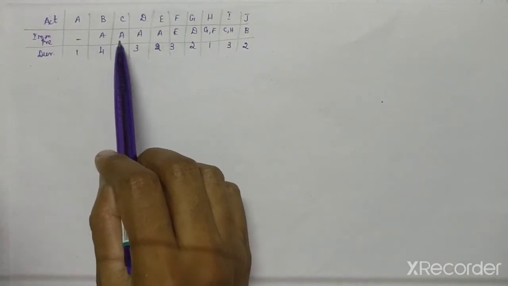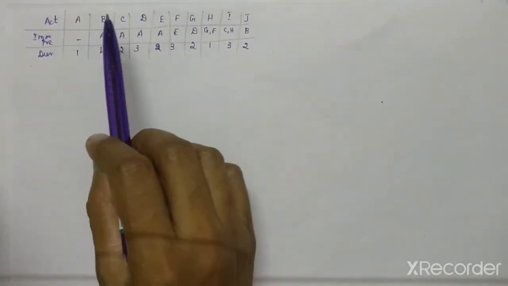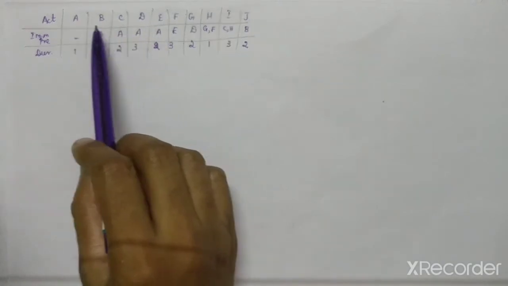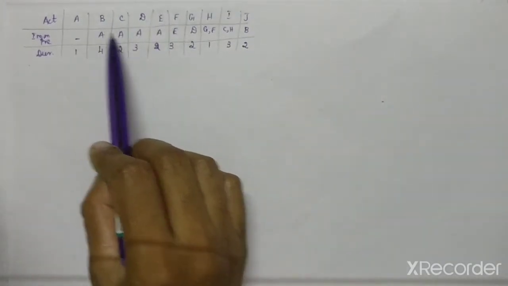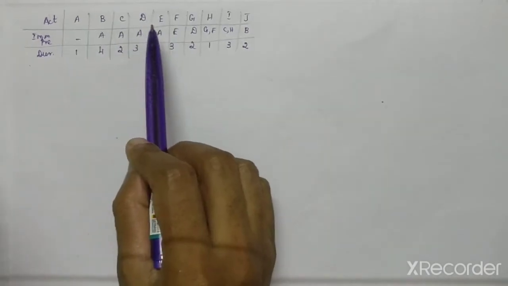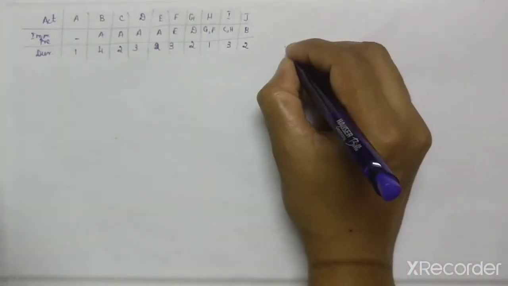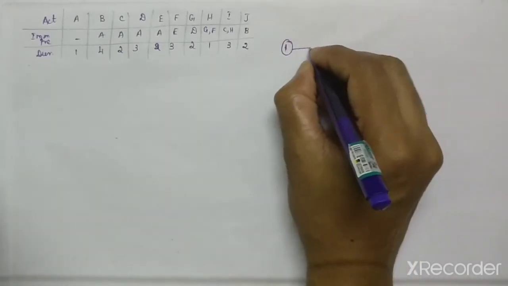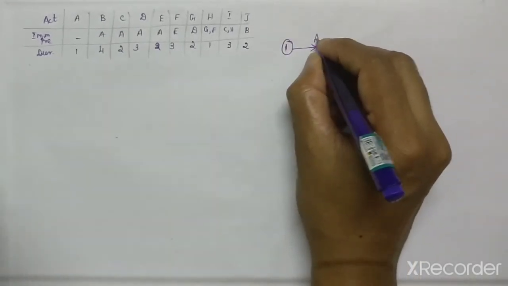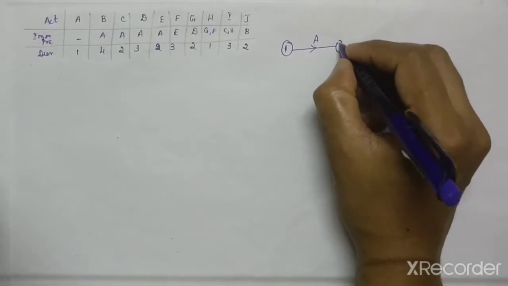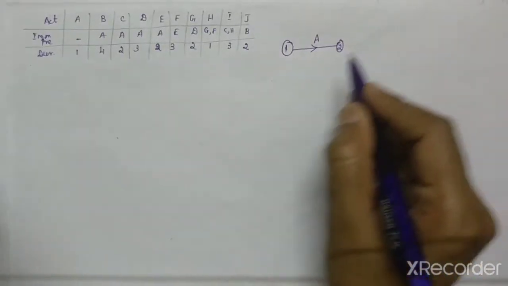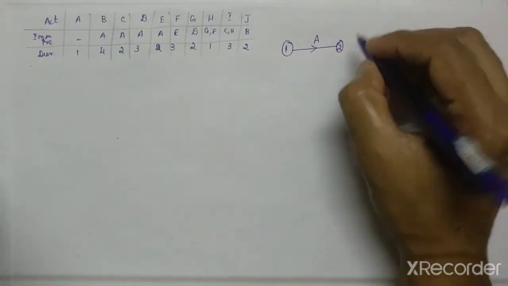After finishing A we have four activities: B, C, D, E. So we have to start with this one. Number 1 should be activity A. After finishing A only, we come with B, C, D, E, four activities.